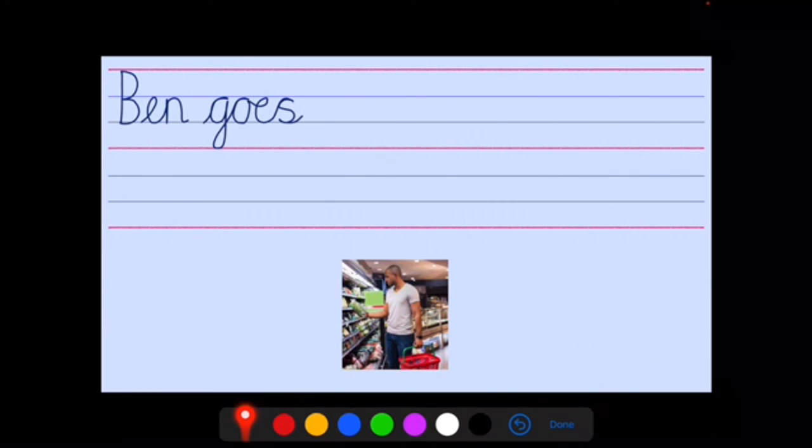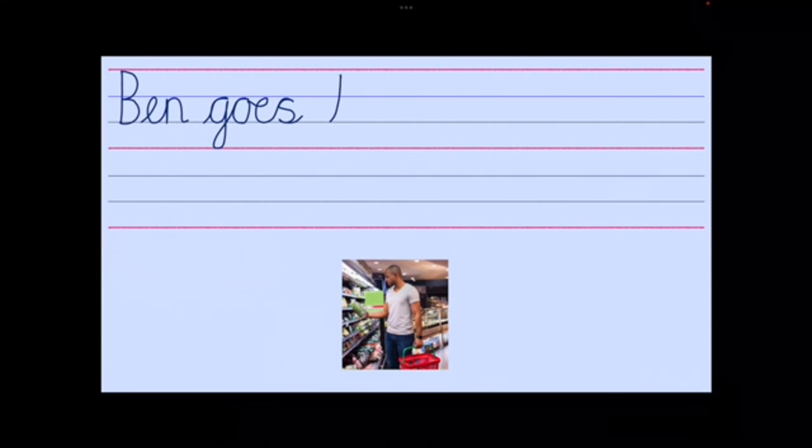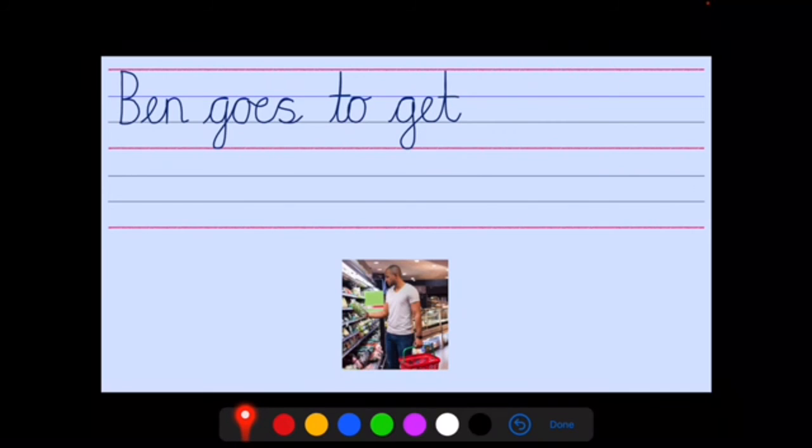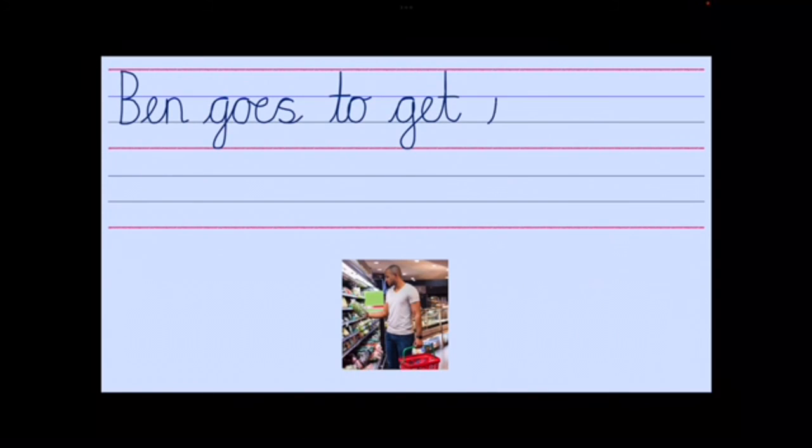To get, that's the next bit of our sentence. To get. And I can hear the sounds to help me write it. Potatoes. Write it one syllable at a time. Pot, a, toes, potatoes.